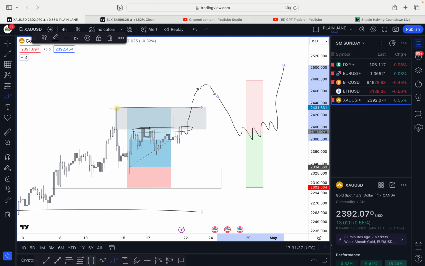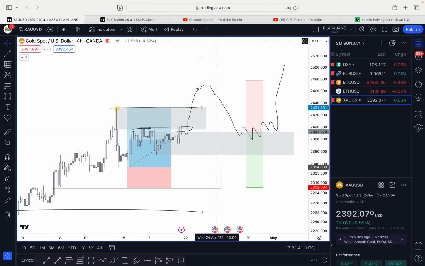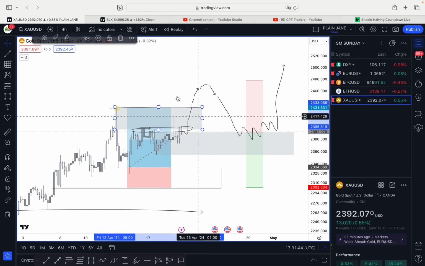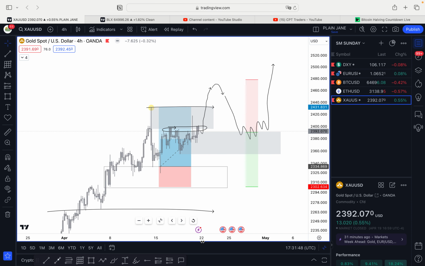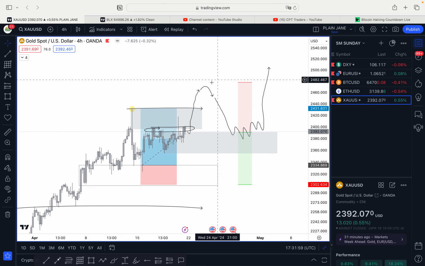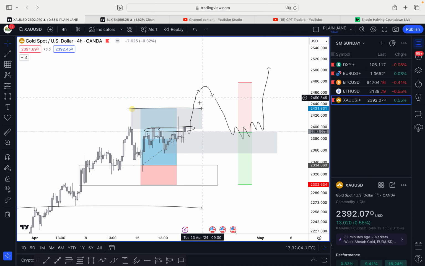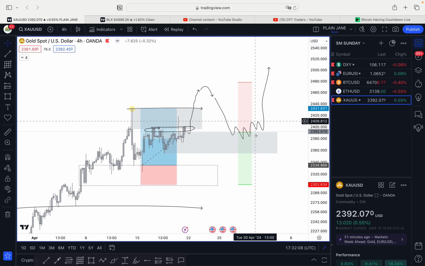Depending on where price actually sets a weekly high, that's where I'll ideally be looking to take the next set of longs from, because I don't recommend shorting when gold is in price discovery, or when any asset is in price discovery, because it can go higher much longer than you can even expect. So that's the idea I have for gold. Again, don't take this high. You'll have to wait until Monday, Tuesday's high is set, then wait for retracements to start longing again.